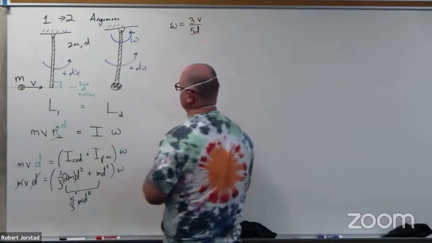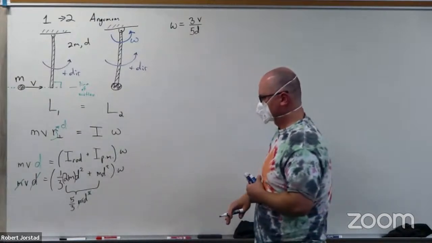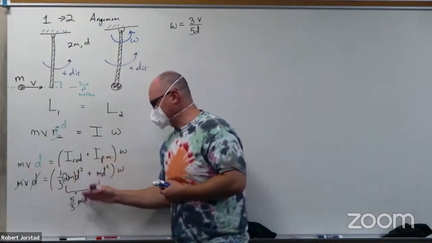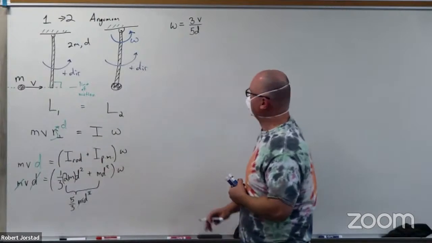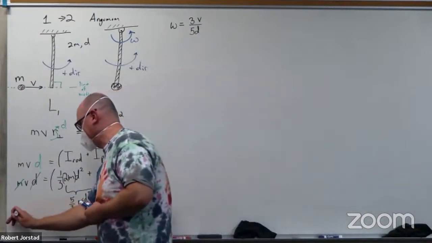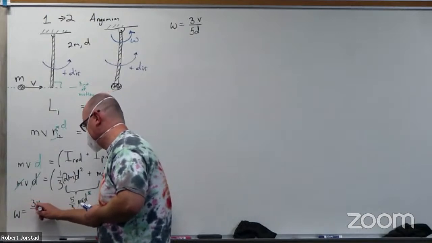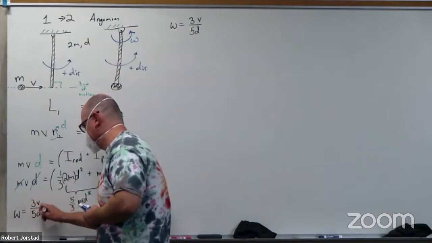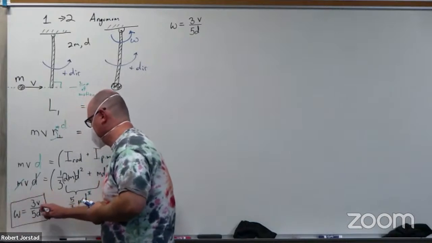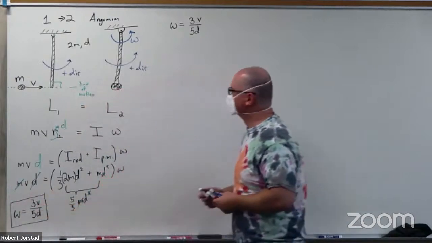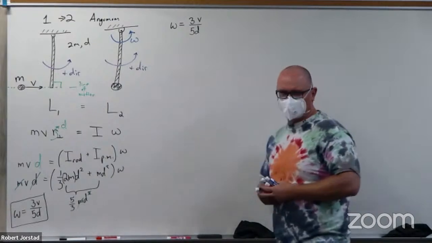Take a second to confirm that. The 3 comes up top, the 5D goes down under. And then I'm going to actually write that down here as well. Everybody get that okay?